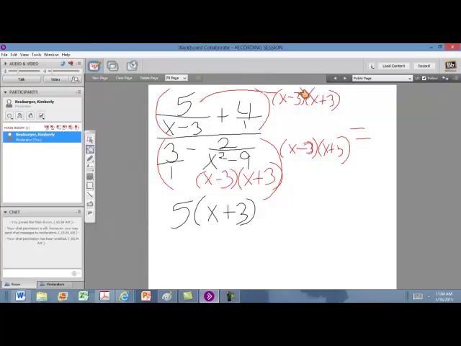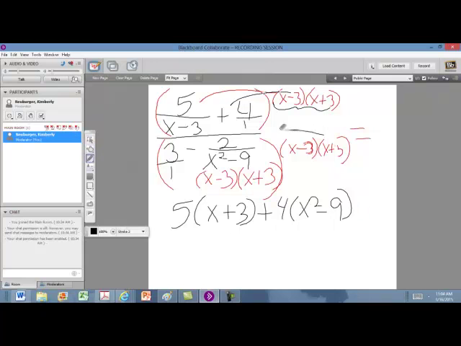However, when we distribute this times the 4, everything stays. So that gives us 4 times x minus 3 times x plus 3, which, if we were to FOIL that back out, is actually x squared minus 9. It's easier to go ahead and put that in its original form. So this here is the same thing as this down here.